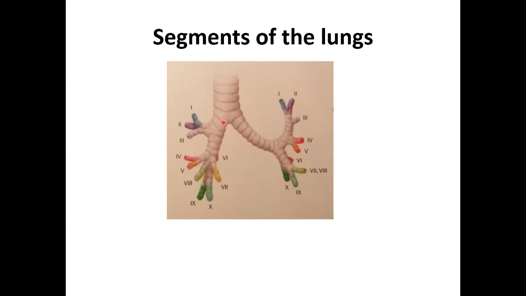It's interesting that bronchus principalis dexter is shorter, but bronchus principalis sinister is longer. Bronchus principalis dexter is larger in diameter and bronchus principalis sinister smaller in diameter.